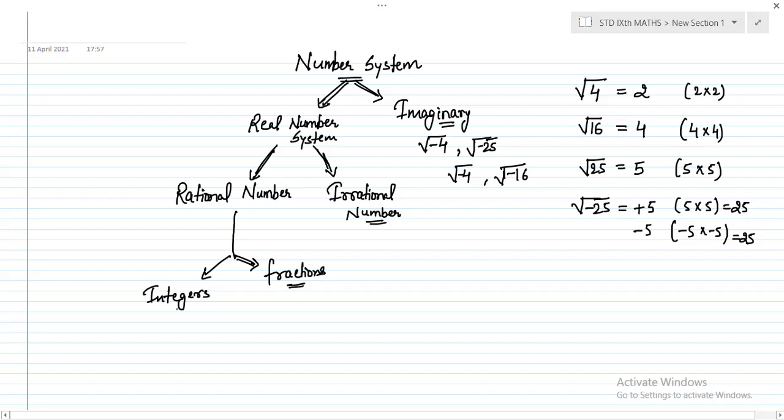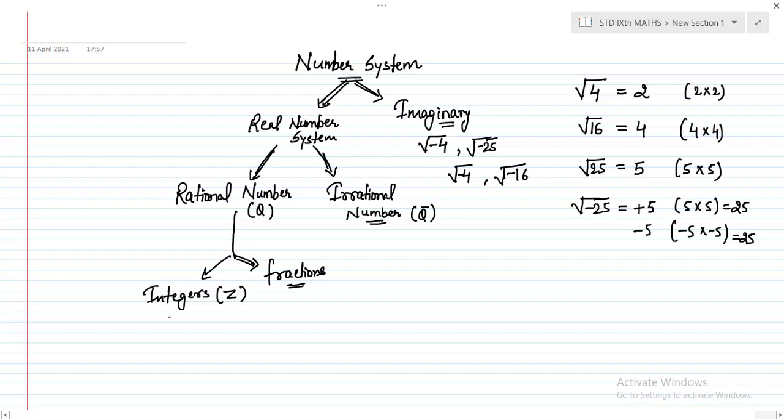You know that integers are represented by capital Z. Similarly, rational numbers are represented by capital Q and irrational numbers are represented by Q bar.